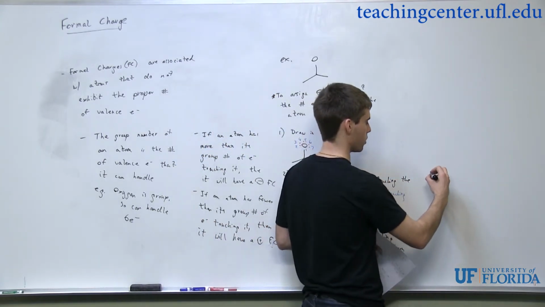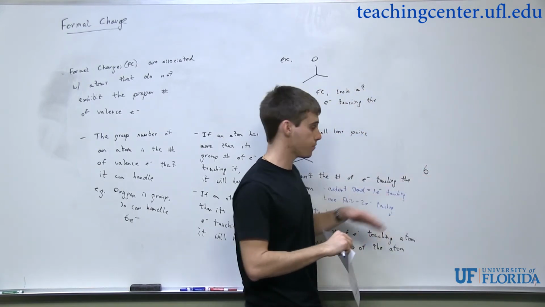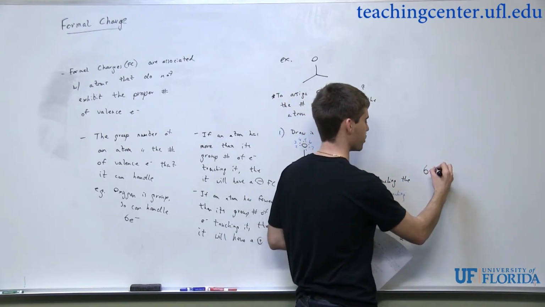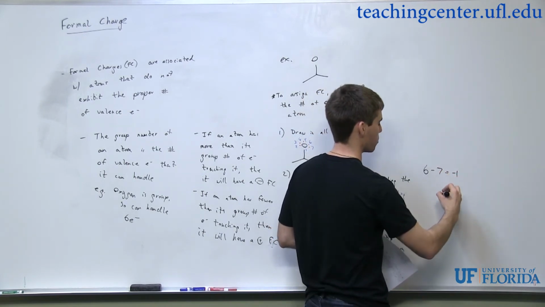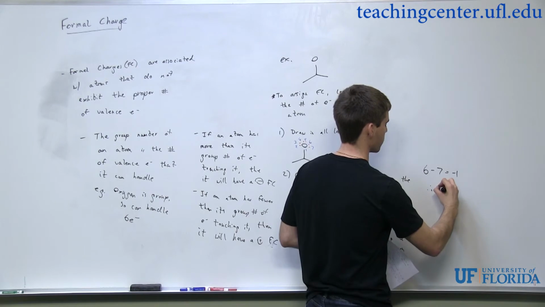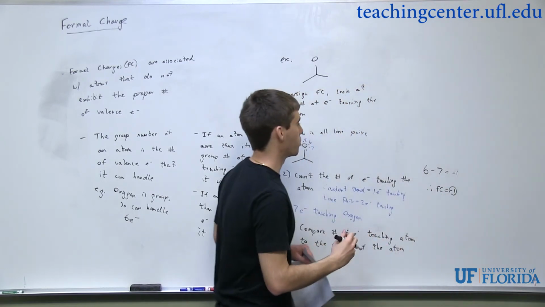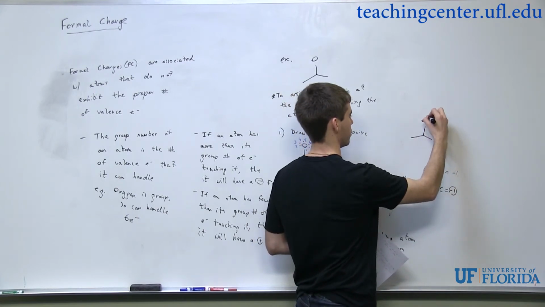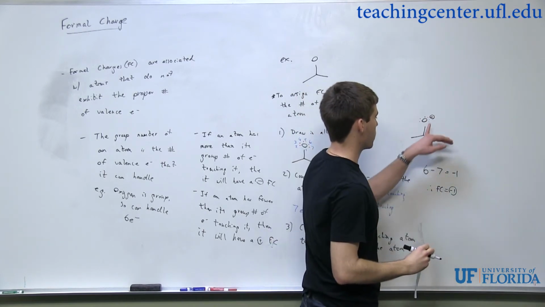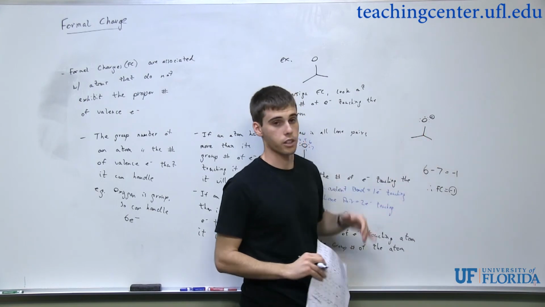So you have 6, the group number, minus the 7 electrons touching the oxygen, which gives us -1, so the formal charge is -1. We represent that with just the negative sign in a circle right by the oxygen.